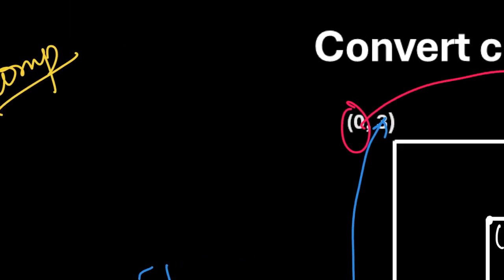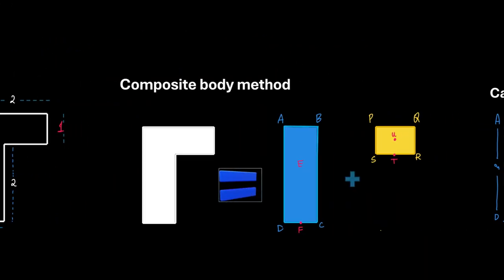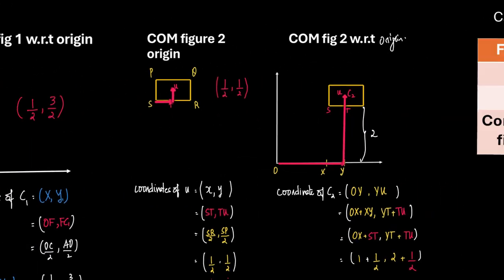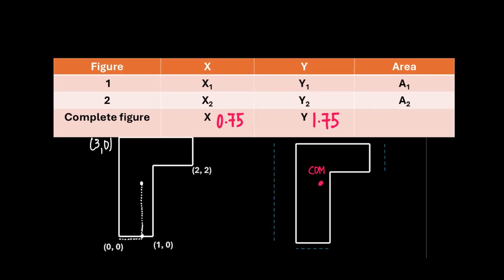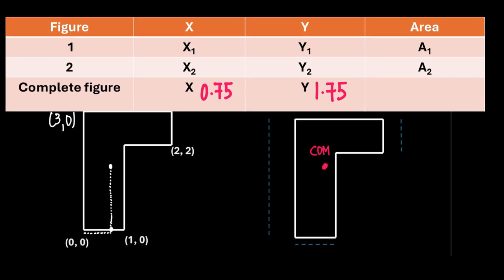Now, let us spend one more minute to understand the significance of this analysis here. So x bar is 0.75, y bar is 1.75, and if you try to plot this in the graph, see, x equal to 0.75 means you travel this much distance, right?